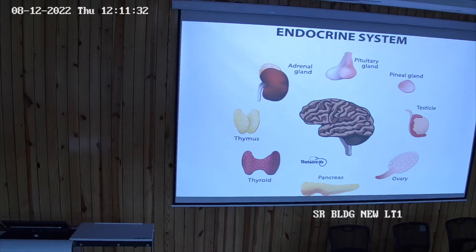So by this feedback mechanism, the hypothalamus controls or regulates the releasing or inhibiting hormones from the pituitary gland.